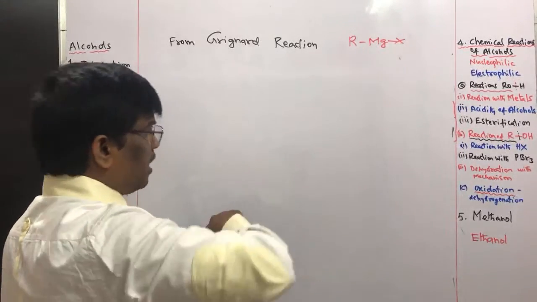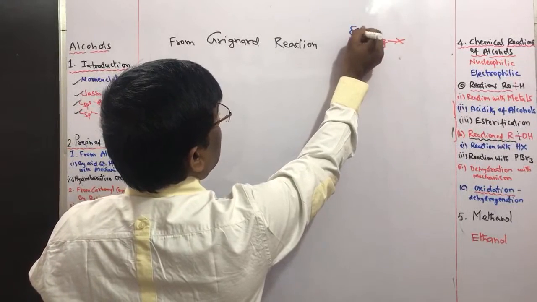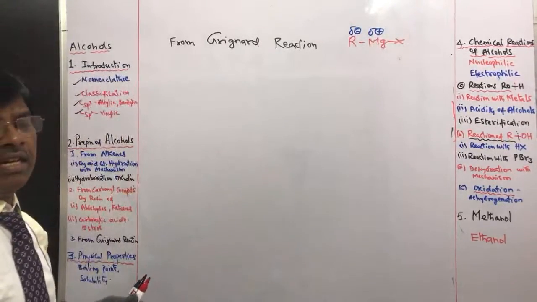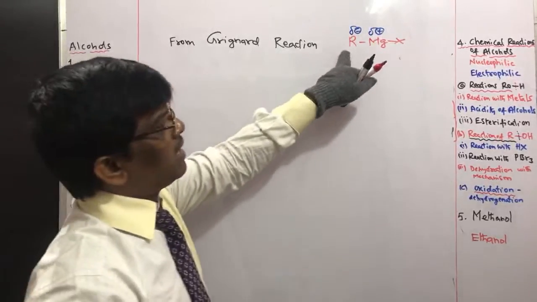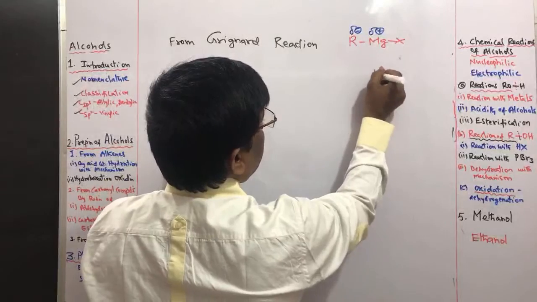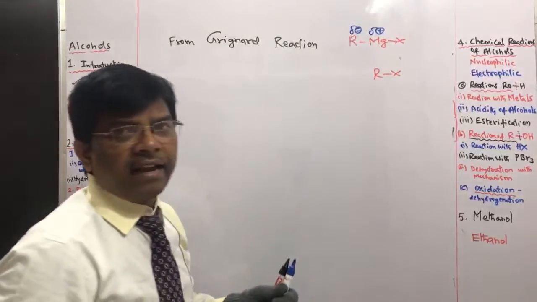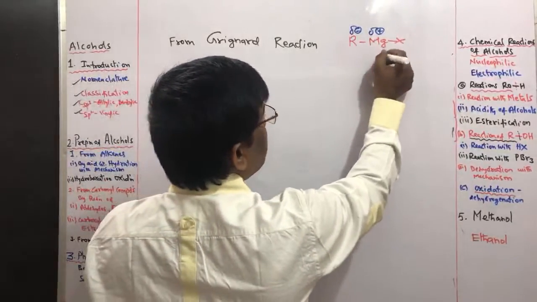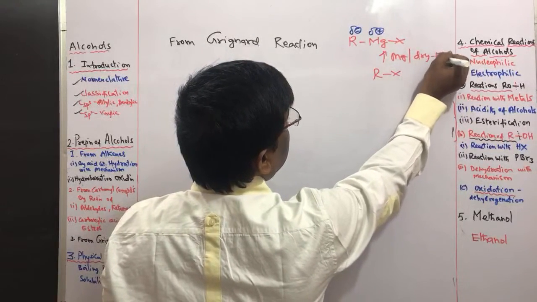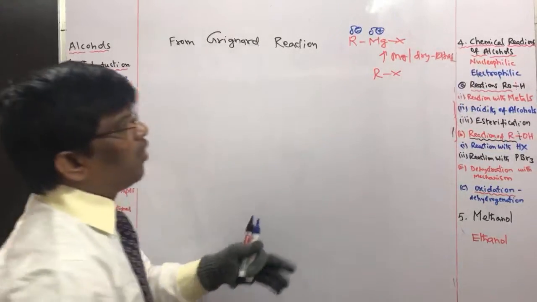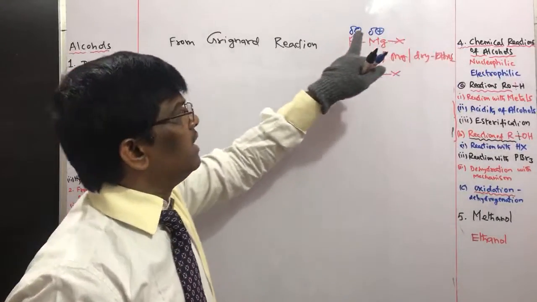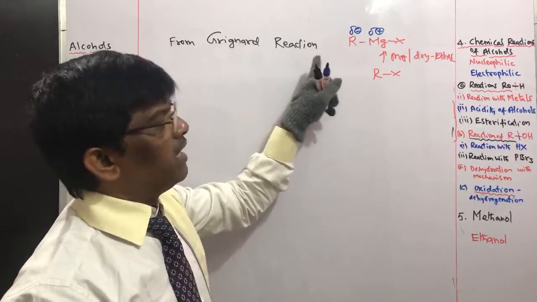It is a carbanion with negative charge, and the magnesium is positively charged. How to make these alkyl magnesium halides? It is very simple. Take alkyl halide or aryl halide, add magnesium in dry ether solvent, and you get alkyl or aryl magnesium halide. These are the Grignard reagents.